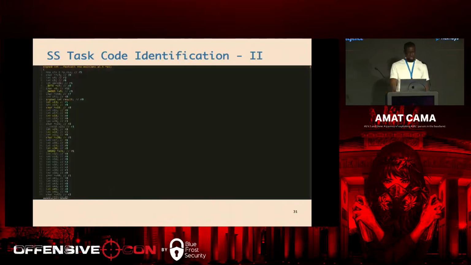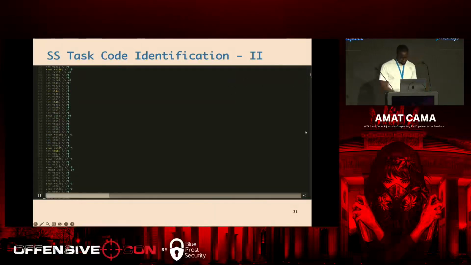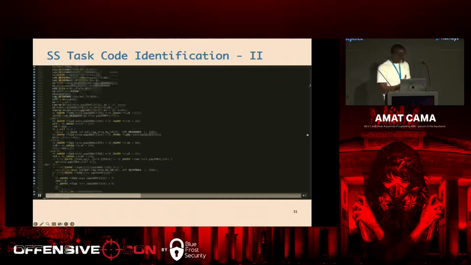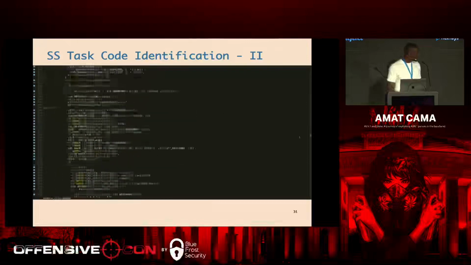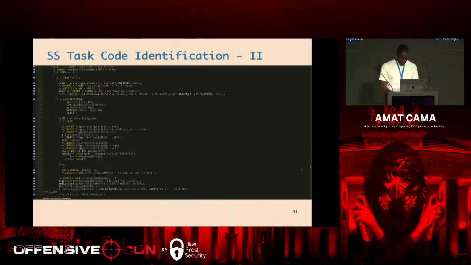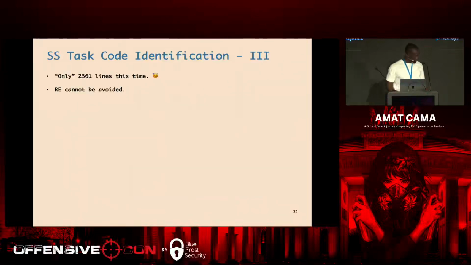It turns out it's also another large, messy function, but luckily it's not as large as the other one. This time we're lucky because it's only 2,300 lines. And just like I said before, there's no way we can avoid reversing it.